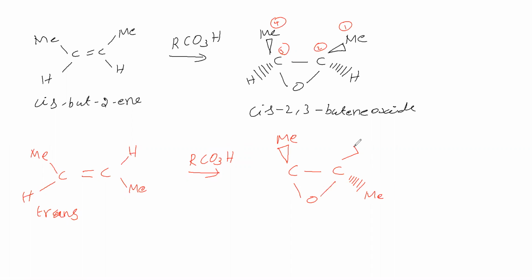Then this hydrogen is projecting towards us, means this hydrogen is at the rear. Like this the ether we will get. Therefore, it is also trans. Why is it trans? Hydrogen, hydrogen, similar groups, they are on opposite sides. Therefore, trans. What is the name of this one? 2,3 butene oxide. This is first carbon, second carbon, third carbon, fourth carbon. Oxygen is attached between second and third carbons. Therefore, trans 2,3 butene oxide we can say.